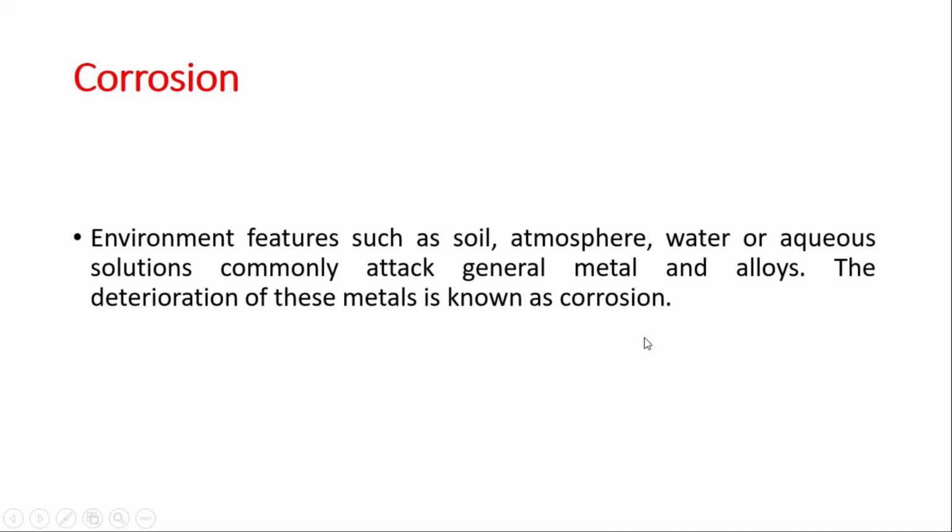Another type of unwanted thing is known as corrosion. So what is corrosion? Environmental features such as soil, atmosphere, and water solutions commonly attack general metals and alloys. So it will destroy these metals, and the destroying of these metals is simply known as corrosion, right?